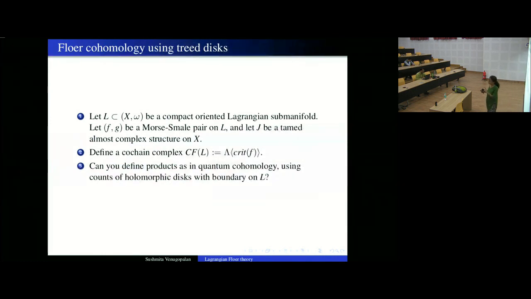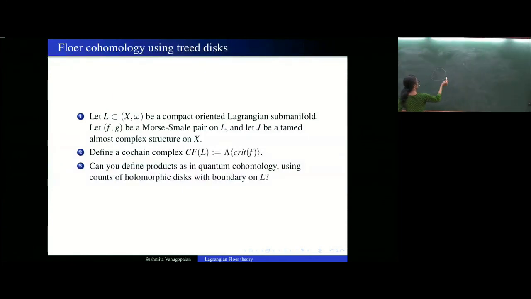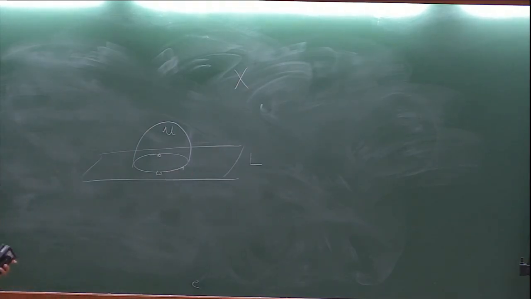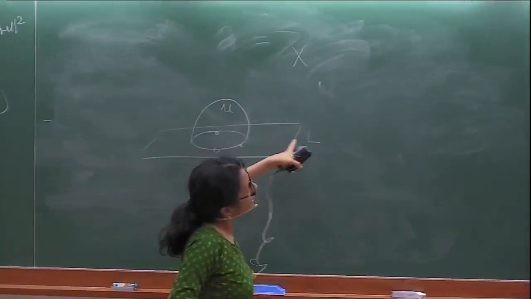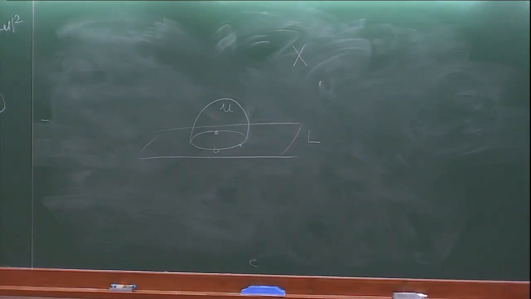It'll be a homotopy equivalence, so if you have a chain map there... Okay, in the new setting, we are going to end up counting these kinds of configurations. You have the Lagrangian L sitting inside X, and these are your spheres. On the boundaries, you put your marked points and see which unstable and stable manifolds they lie in. So basically, your Morse-Smale pair.